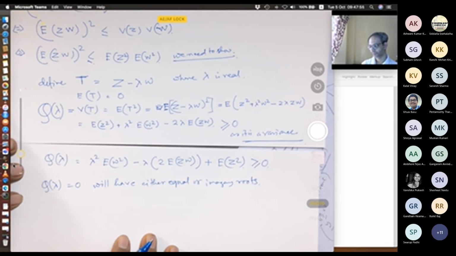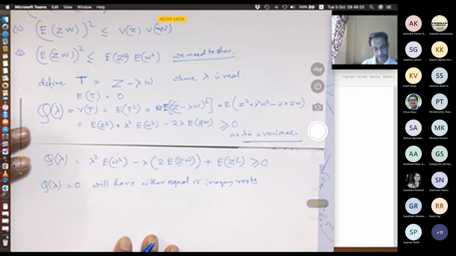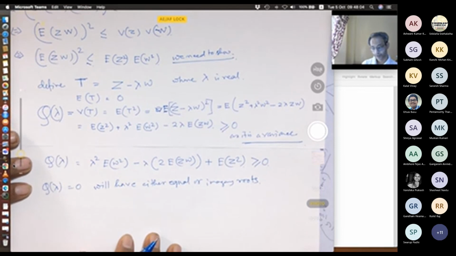The discriminant is less than or equal to 0. Yes, b square minus 4ac should be less than or equal to 0.